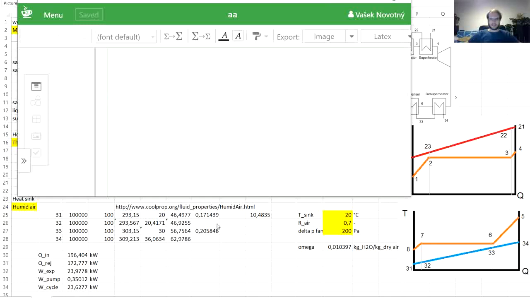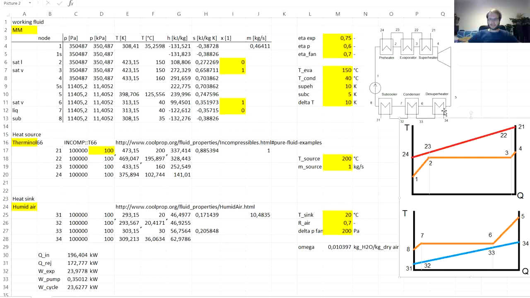The fan is typically placed at the outlet of the air-cooled condenser, so that would be an induced draft fan, which will be placed here at the point 34. And we had specified for the fan that the pressure drop across it is 200 pascals and that its efficiency is 70%. So how do we get the required work of the fan?